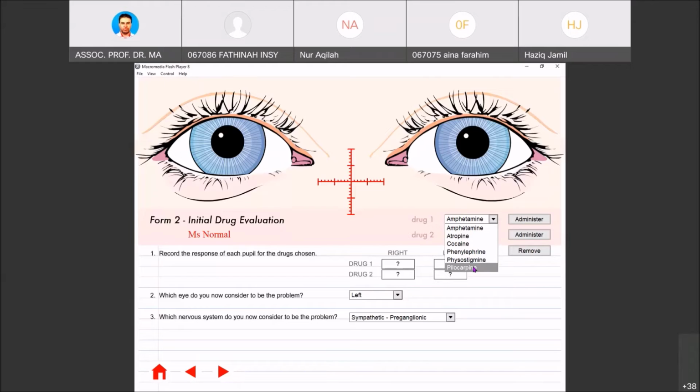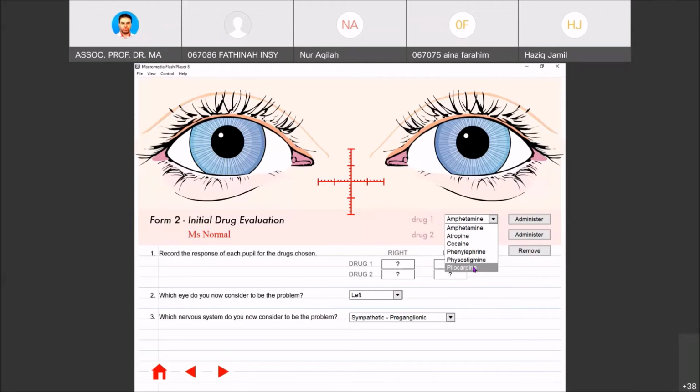So which muscle of the eye does it affect? The circular or the radial? I think radial. No, it affects the circular muscle of the eye.